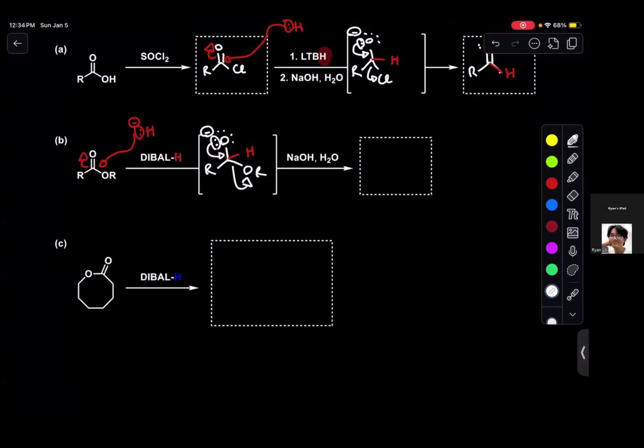This pops off right here. NaOH and H2O just help take care of any of the proton transfers that need to be done. So you end up with an aldehyde. Very, very similar.